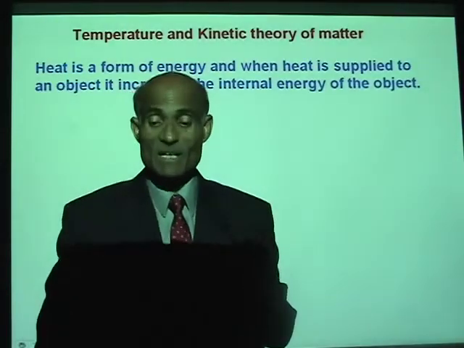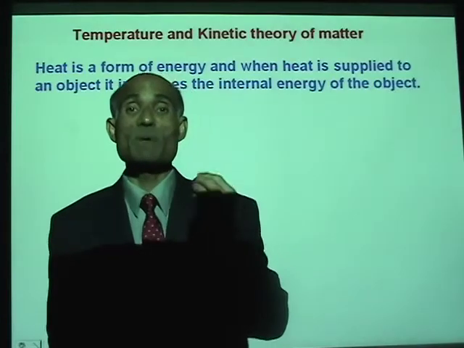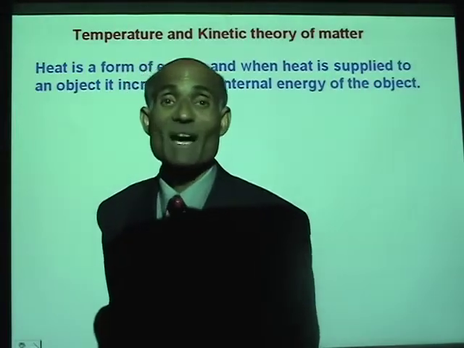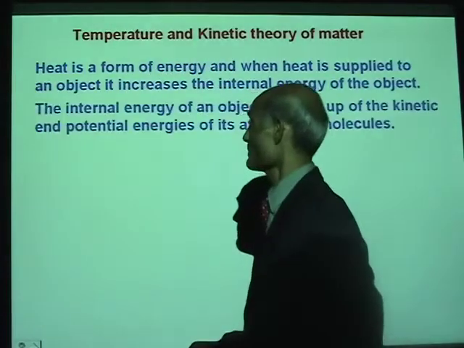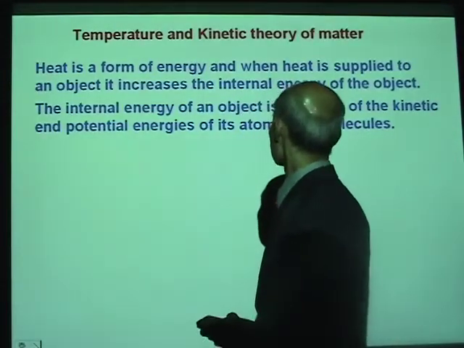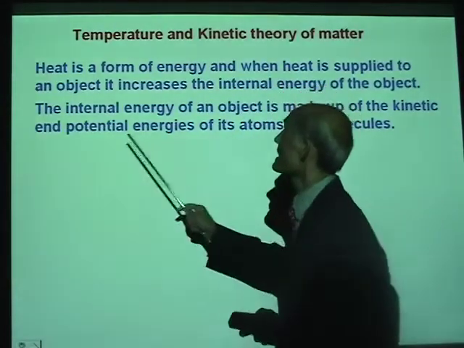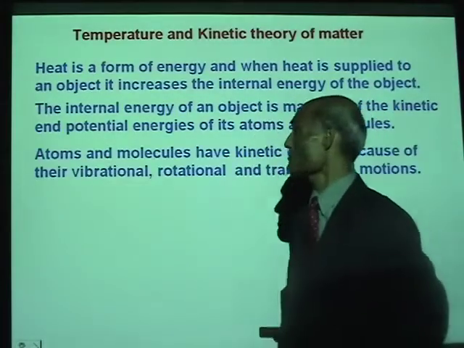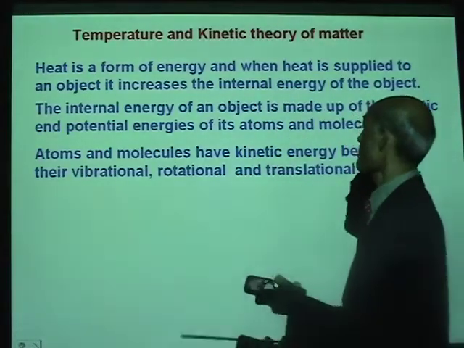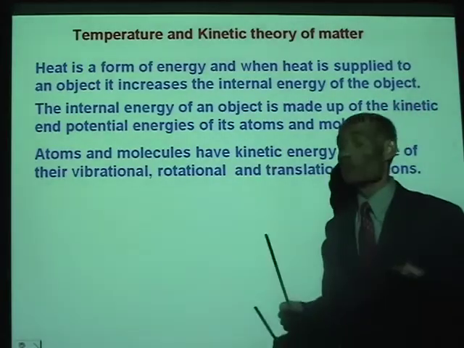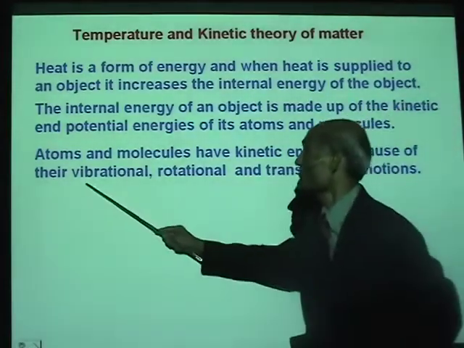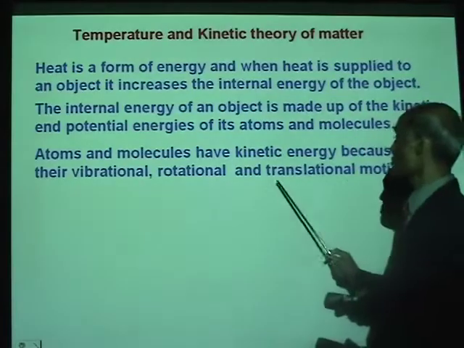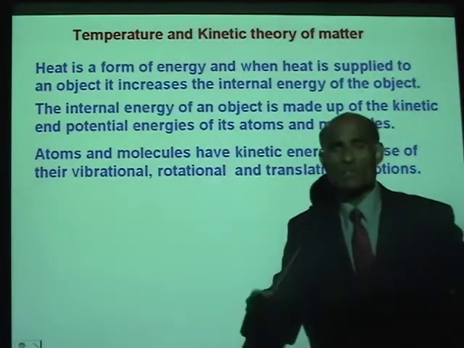So basically the internal energy is made up of potential and kinetic energies. The internal energy of an object is made up of the kinetic and potential energies of atoms and molecules. Atoms and molecules have kinetic energy because of their vibrational, rotational and translational motion.